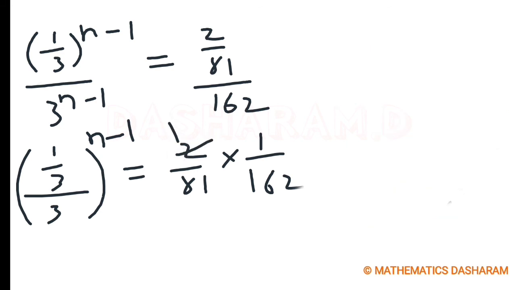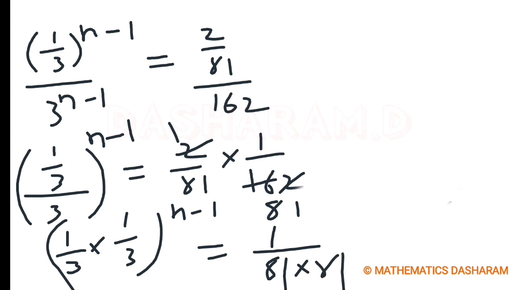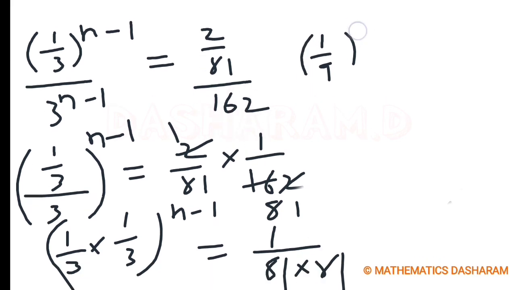So here 2 ones are 2, 2 81s are 162. Now on the left side 1/3 into (1/3) whole power n minus 1 equals 1/81 into 1/81. So 1/3 into 1/3 is 1/9, whole power n minus 1, equals 1/81 into 1/81, which can be written as (1/9) whole to the power of 4.